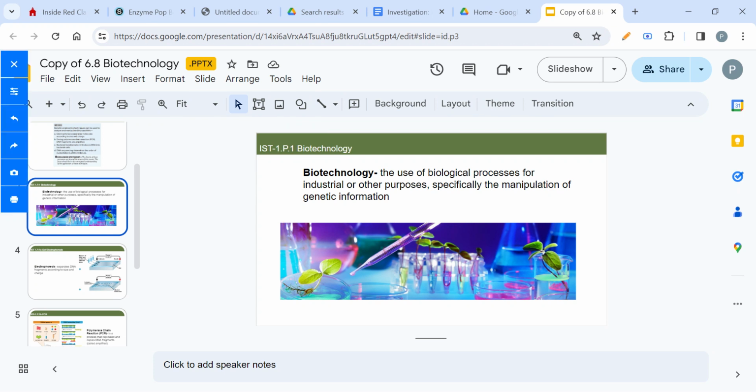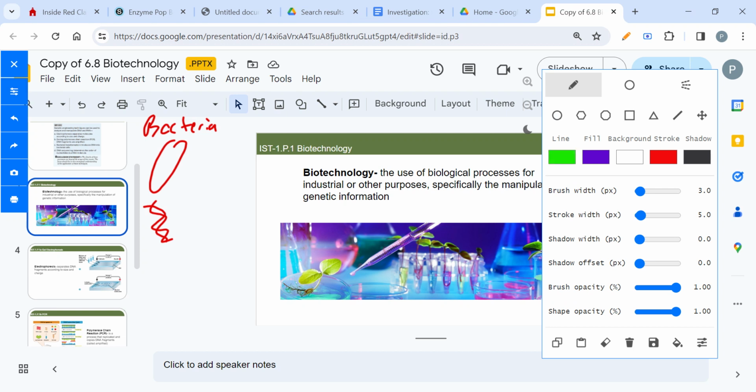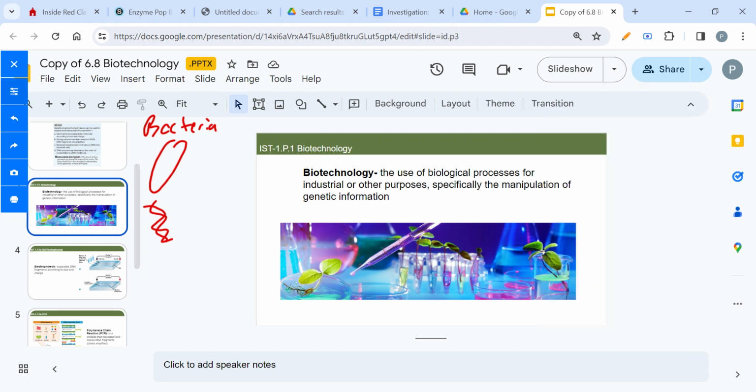Let's go ahead and draw that again. So bacteria, and we'll do this little squiggly guy. And then we'll get our plant. We'll do the plant green this time, so it works a little bit better.